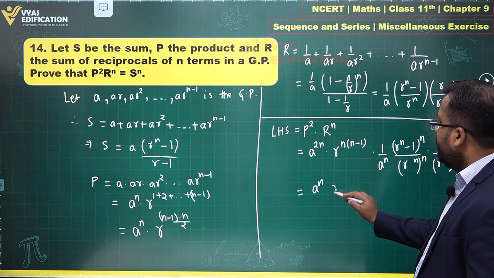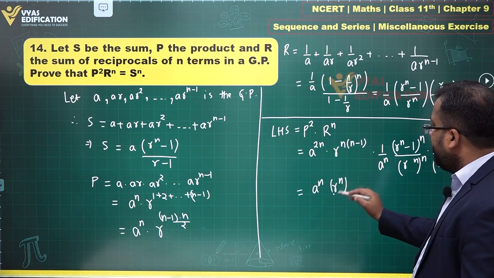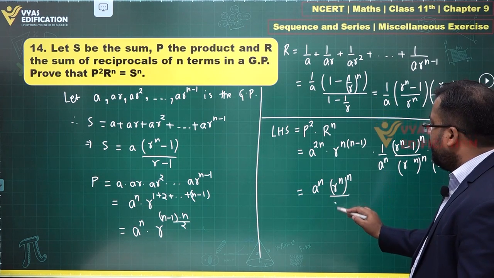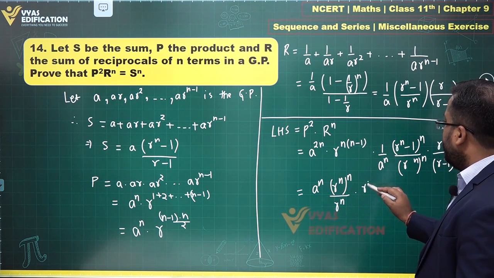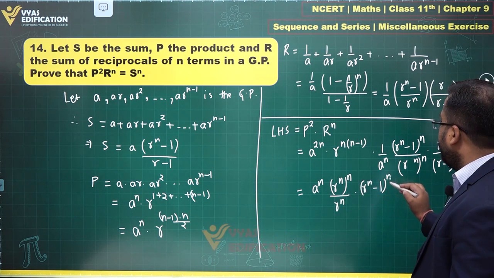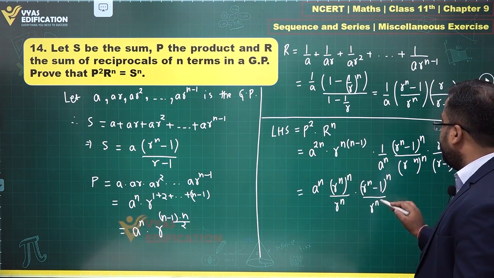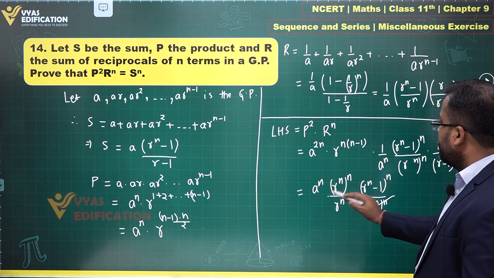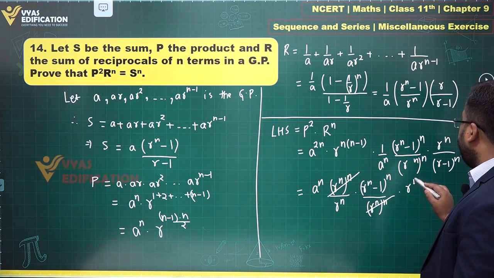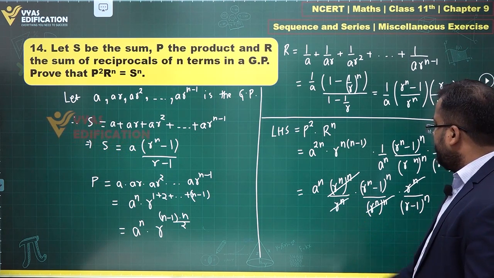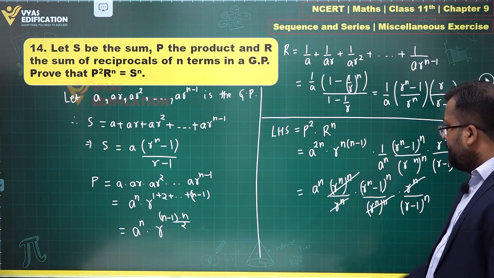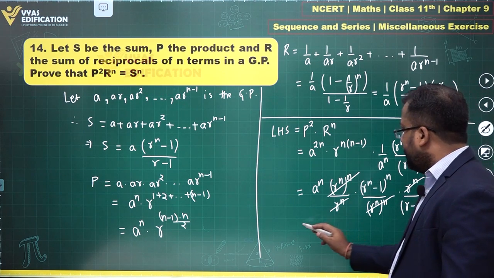This is already taken care of. R power n minus 1 power n is something which we are interested in. R power n is something which will get cancelled, and what remains is R power n upon this. So this again gets cancelled. Yes or no? Yes.